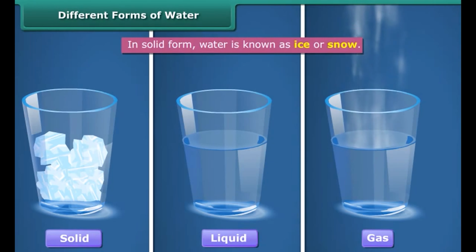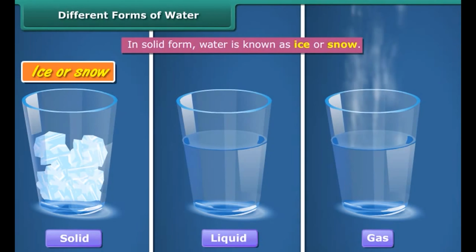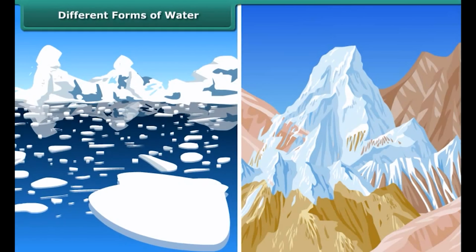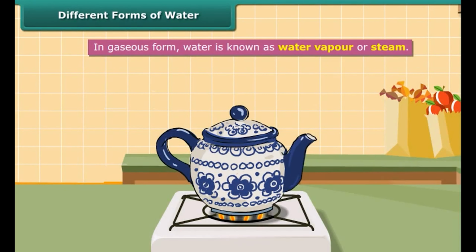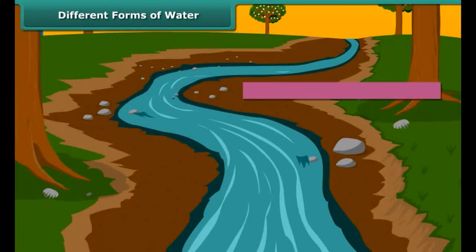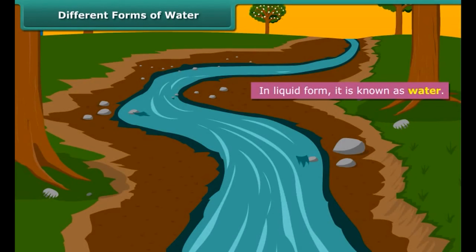In solid form, water is known as ice or snow. It is found at the poles as ice caps and in glaciers and mountains as snow. In gaseous form, water is known as water vapor or steam. But the most common form that water takes is the liquid form. It is in this form that it is known as water.